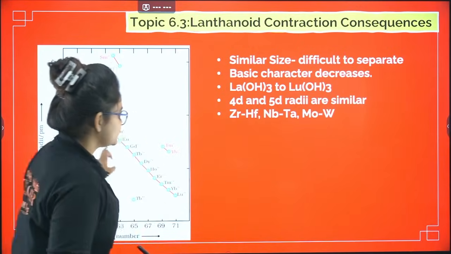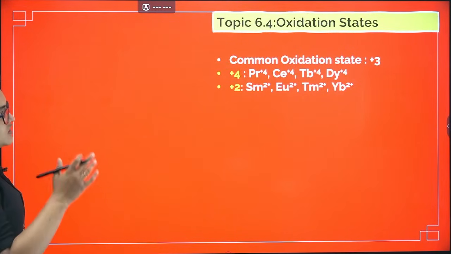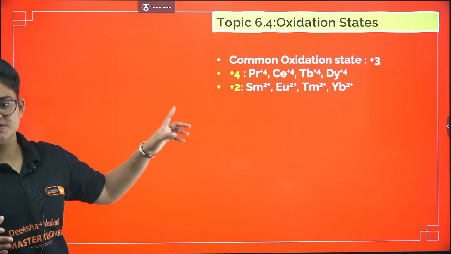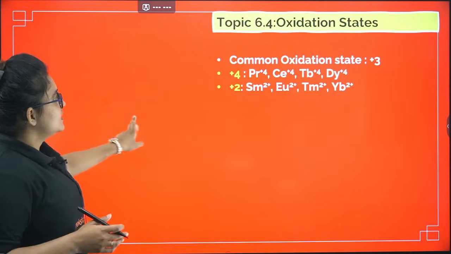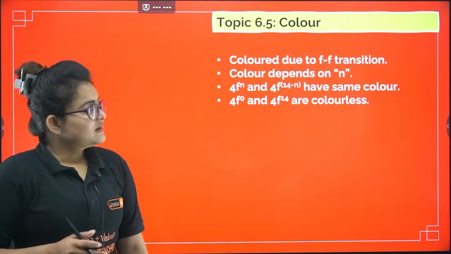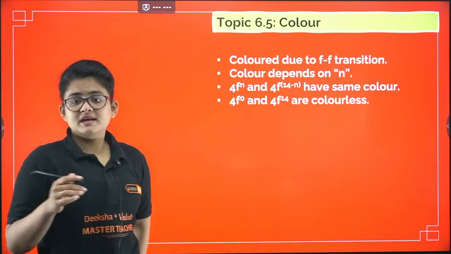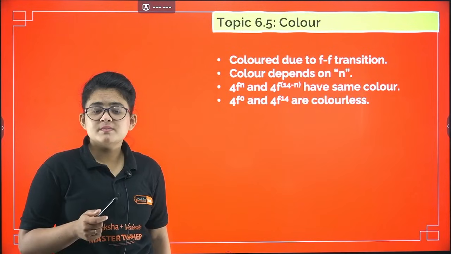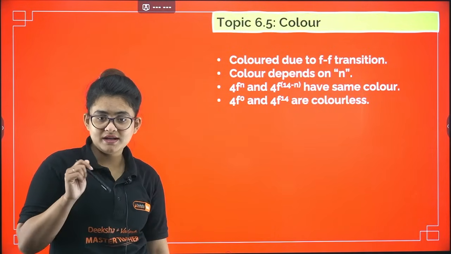Let's proceed. Common oxidation state is +3, but +4 and +2 are also observed. These are the elements. Color is also there, due to f-f transition, and it depends upon how many electrons are there.